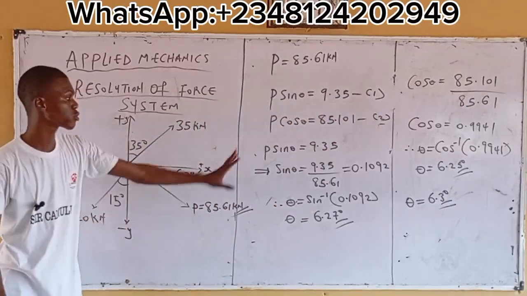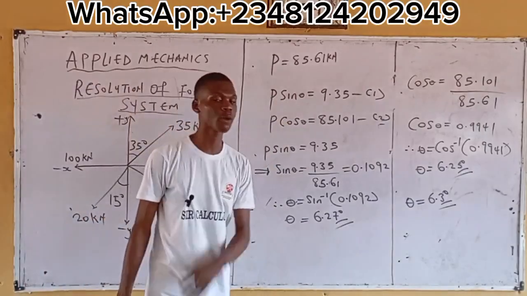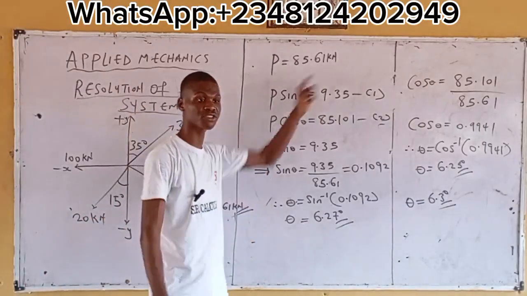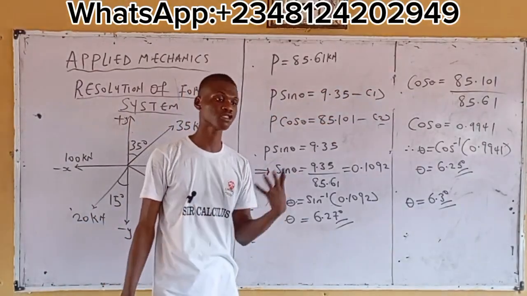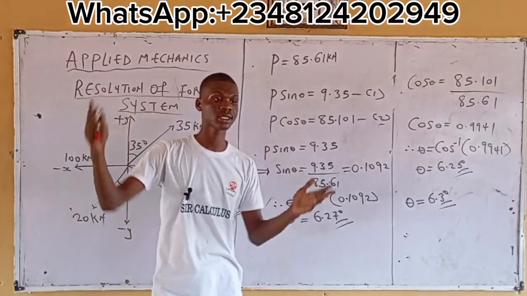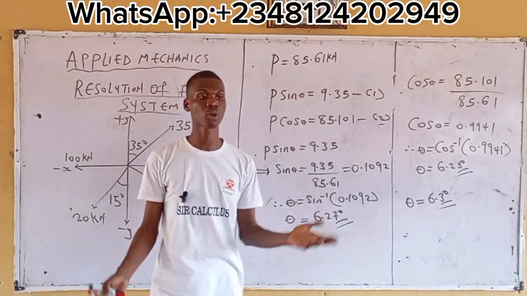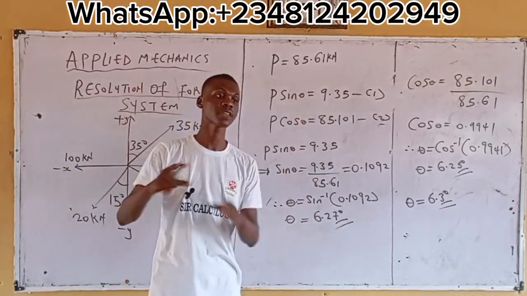So this is how you answer questions on force system. The same way, we found P and theta using the first trig identity. You can also find P and theta using the second trig identity. You definitely get the same thing. But in this case, we added equation 1 and equation 2. We added the left hand side and the right hand side after squaring it.